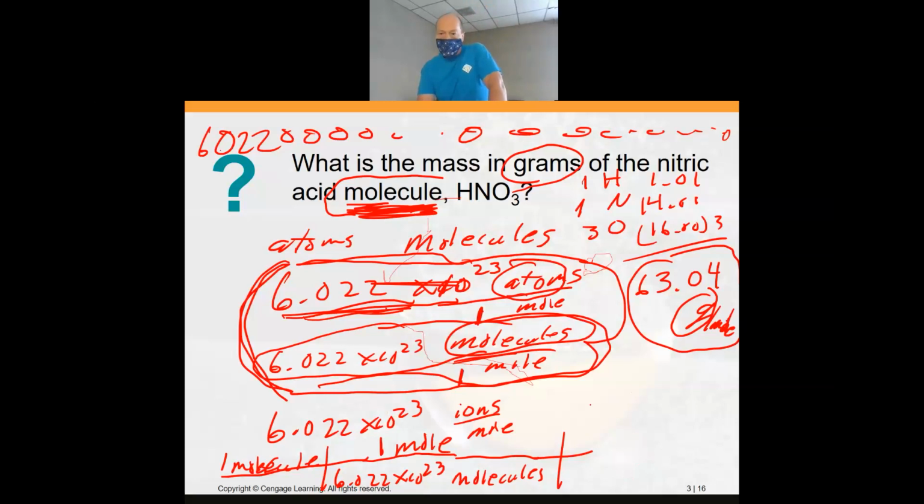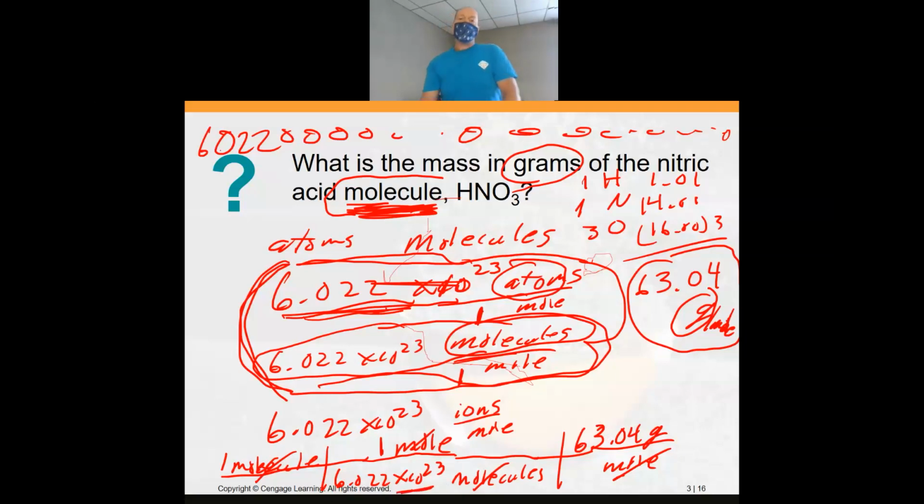So if you don't like mole not having a number by it, put 1. All right, and so now we don't want moles. It asks for grams, but here we have 63.04 grams per mole. And so now my moles cancel the moles and molecules cancel the molecules. So it's just like the problems that we did for exam 1. All right, so you multiply everything on top, 1 times 1 times 63.04, divide by everything on the bottom, 6.022 times 10 to the 23rd.